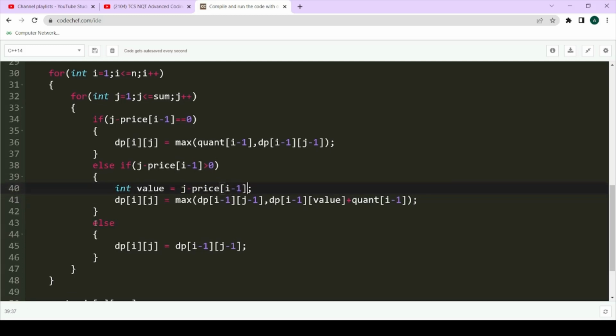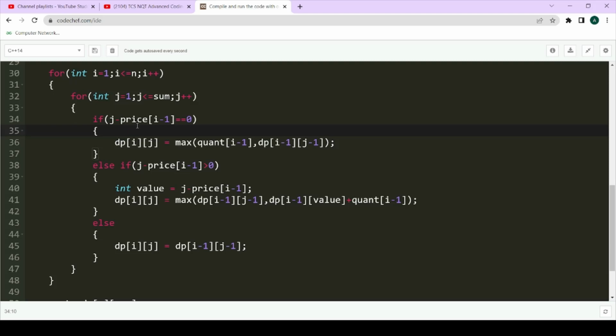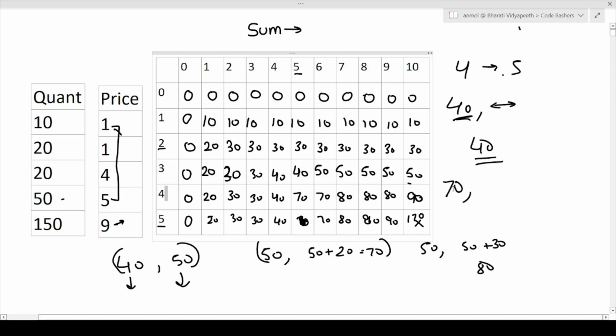And let's just see the else condition. What is the else condition? The else condition states that if both of these conditions are not met, that means the amount of money that we have with us is less than the price of the item that we are trying to buy. In that scenario, we will only consider the value that was above it.